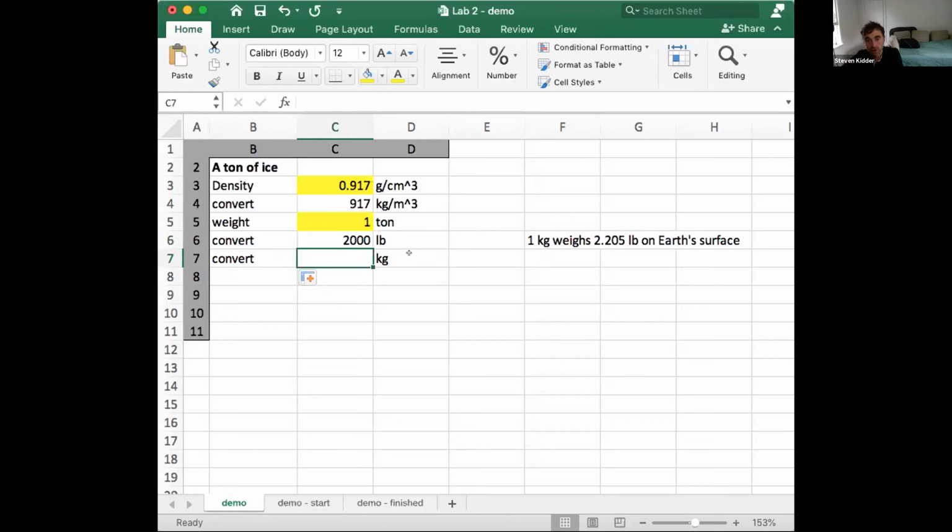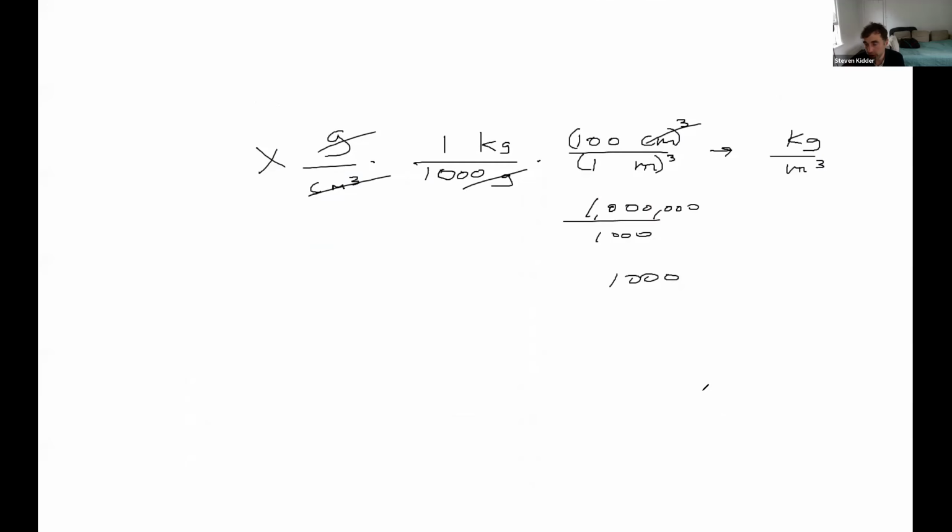Okay. So the conversion, if you want to turn 2,000 pounds into kilograms, here's the number, 2.205. But if you're like me, you're trying to remember, okay, do I divide or do I multiply? So I take up my pencil and paper again, and I say, okay, I have 2,000 pounds.